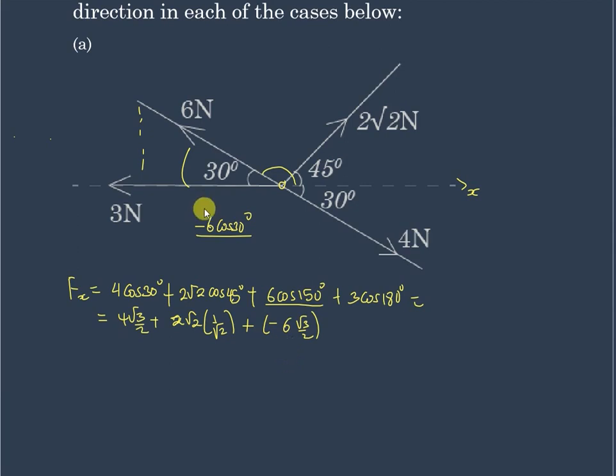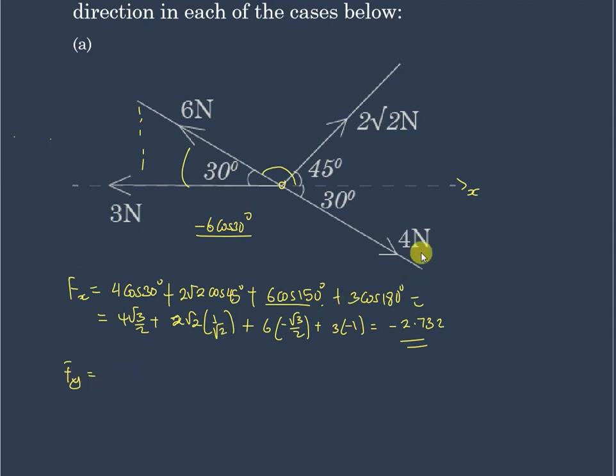Actually, let me write it like this: 6 negative root 3 over 2 plus this is 3, then negative 1. And when you work out everything, you are going to get negative 2.732. That is fx.